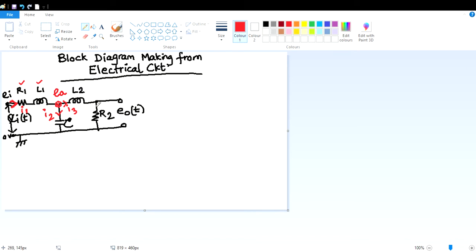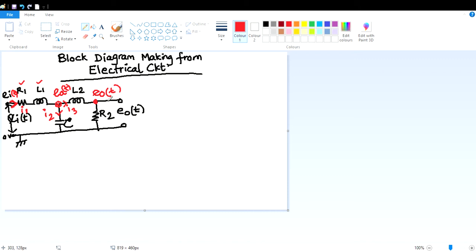So this potential will definitely differ from EA. What is this potential? We are getting from the question that at this point it is E0. As there is no voltage dropping element here, definitely this is also E0. That means this node voltage is also E0(t). This voltage is EI(t) and this voltage is EA(t).